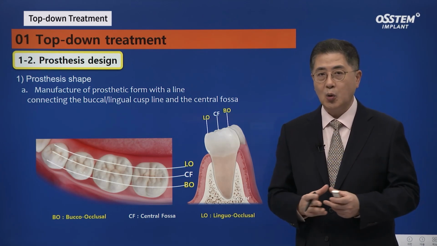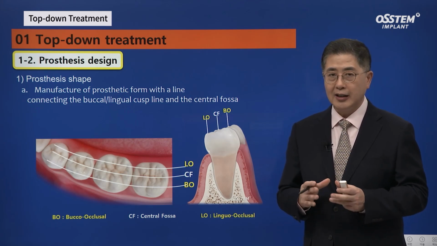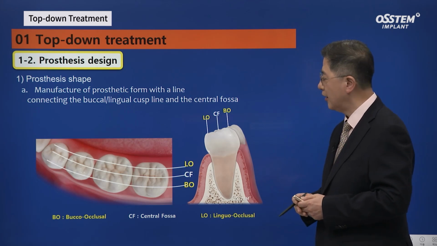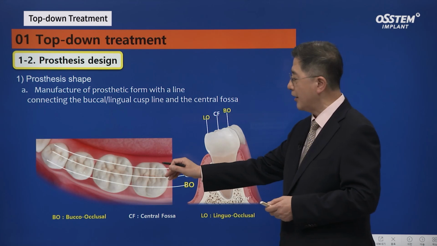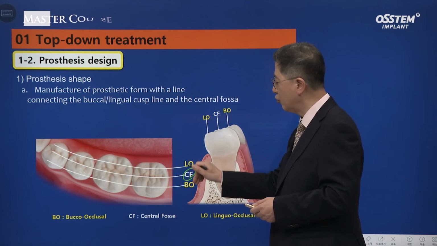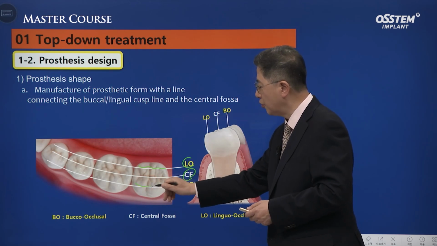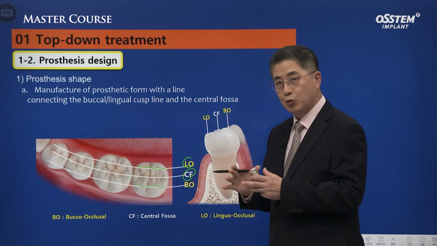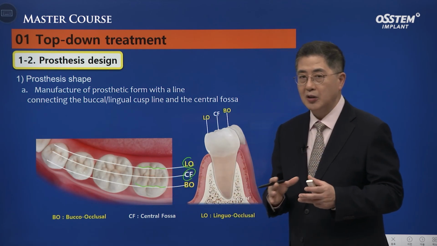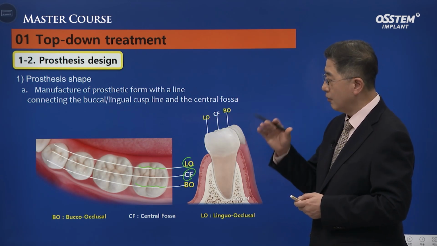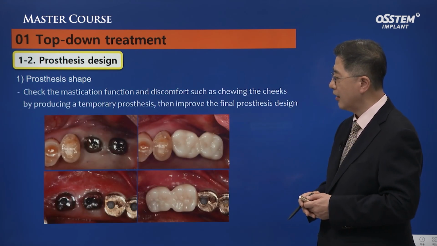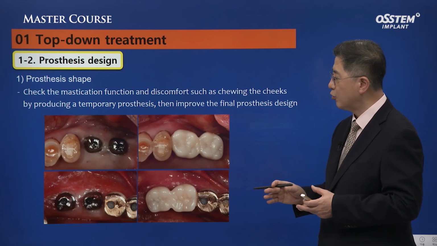Let's look at the top, the shape of the prosthesis. The goal is to create a prosthesis that is identical to the natural lost tooth. We need to replicate features like the central groove, lingual cusp, and buccal cusp. This is what we refer to as the neutral zone.